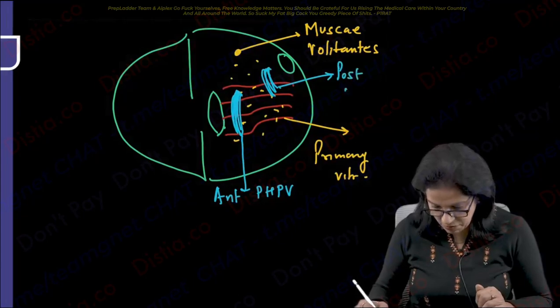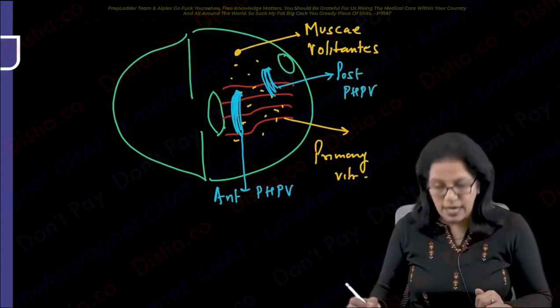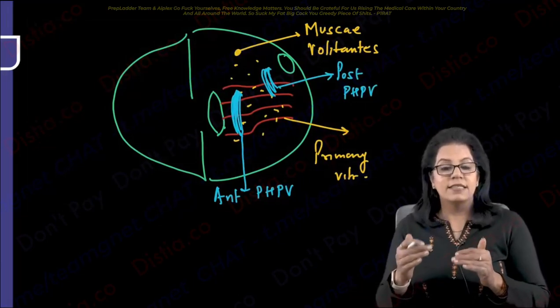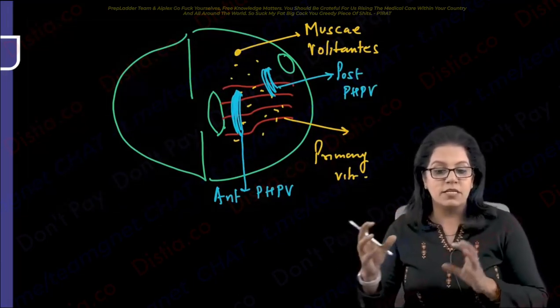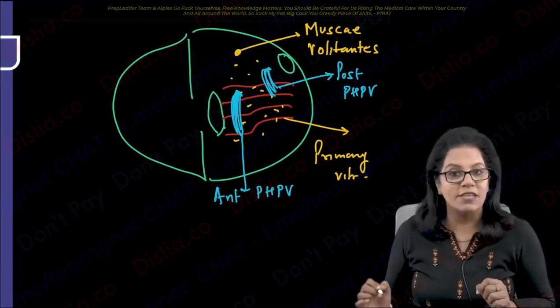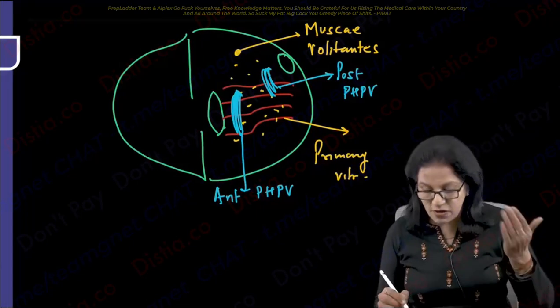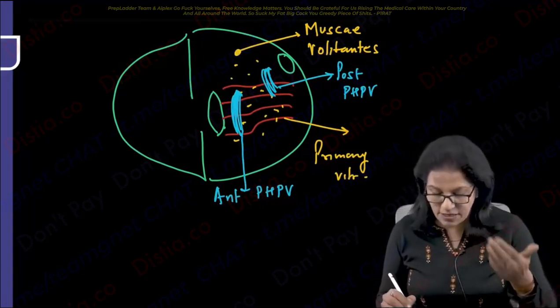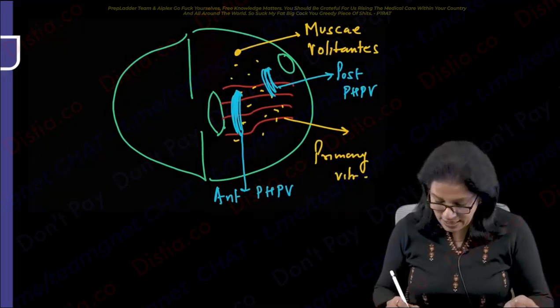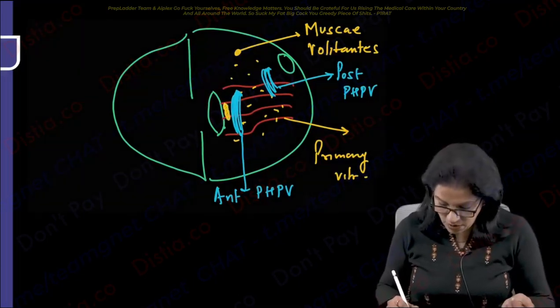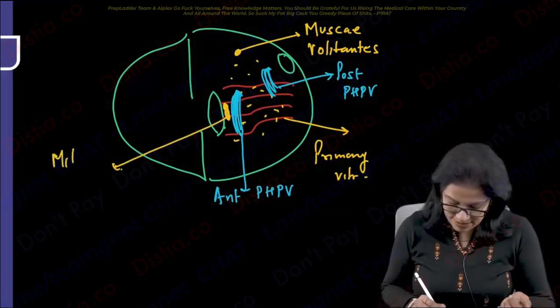Okay, we'll talk about a few points in this also. First, keep listening. And suppose it is neither that big a chunk, nor as small as muscae volitantes, but anything in between. So this is a way of learning that I'm telling you. Think like this, if anything in between is behind the lens, this is what is called Mittendorf dots.